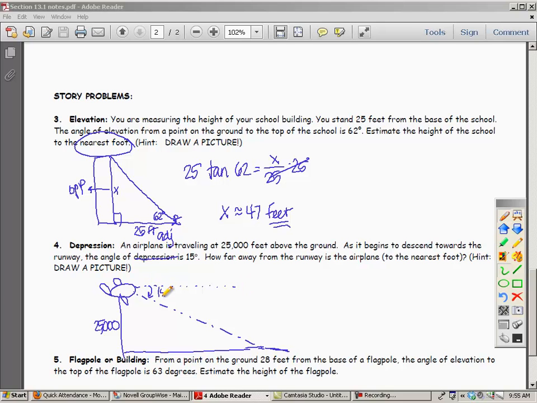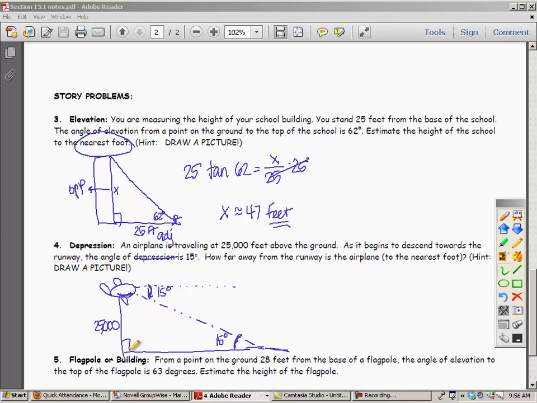It's going down 15 degrees. So it's not this big angle here. It's the small angle that comes down. Now, what I know from geometry is that because it's cut here, this is 15 degrees, so this is also 15 degrees.